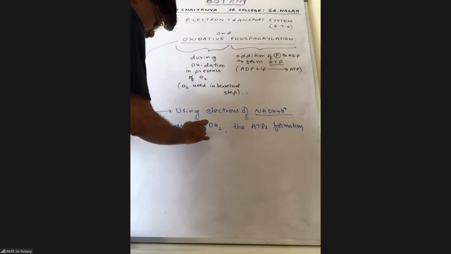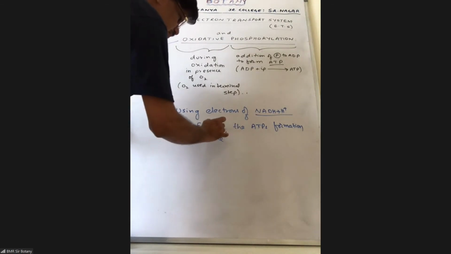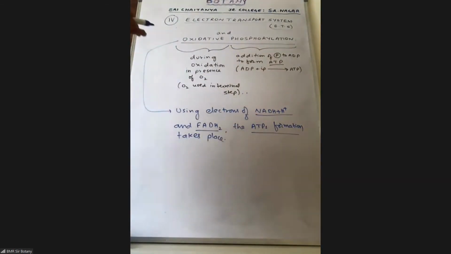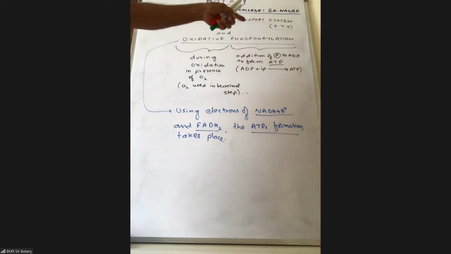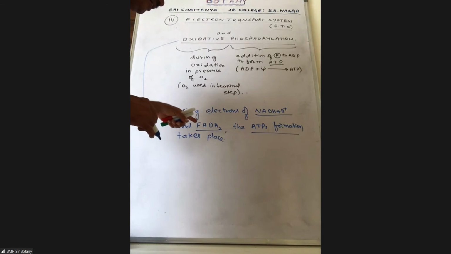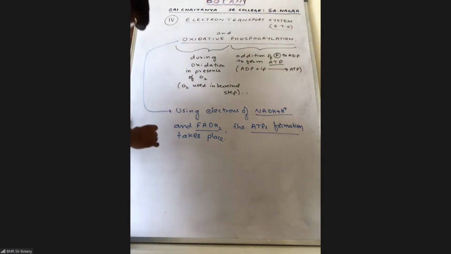Literally, energy of NADH plus H plus and FADH2 is transferred into ATP, Nana. And where from did the energy come into NADH and FADH2? From glucose, from the substrate.